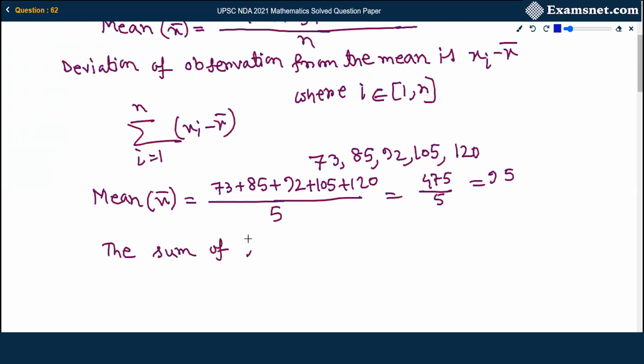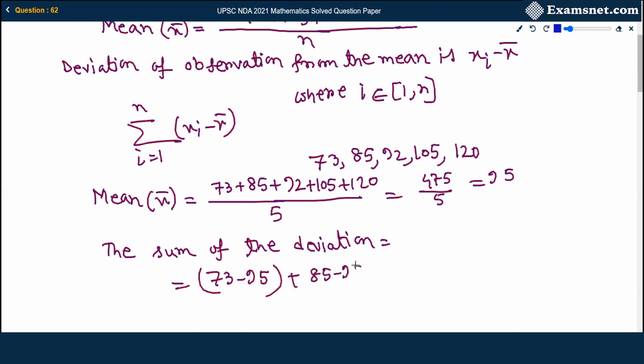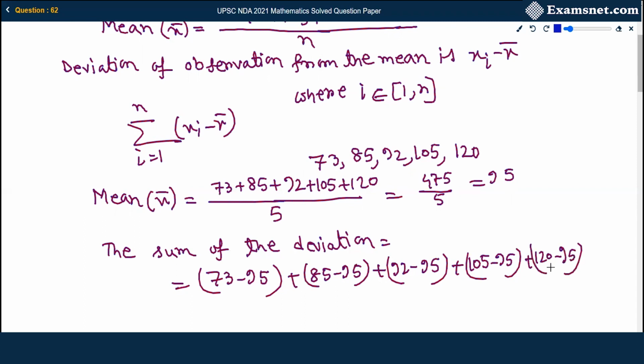The sum of the deviation, that is, first x1 means 73, the first variate. So 73 minus 95, plus next 85 minus 95, plus 92 minus 95, plus 105 minus 95.